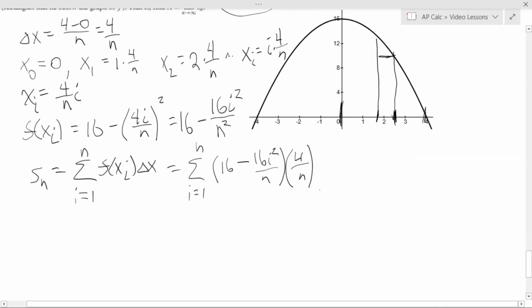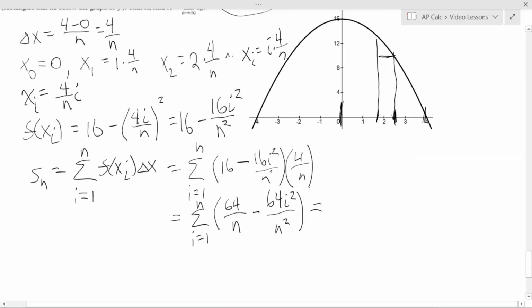Okay? Now, if I simplify and distribute here, I would have the sum i equals 1 to n of 64 over n minus 64i squared over n squared. Okay, which I can break apart. Since you have addition and subtraction here, we can treat the 64 over n and 64 over n squared.